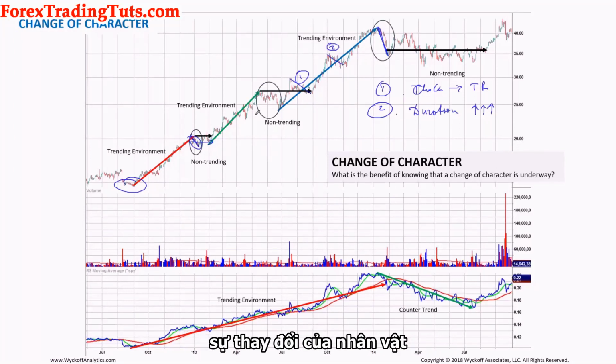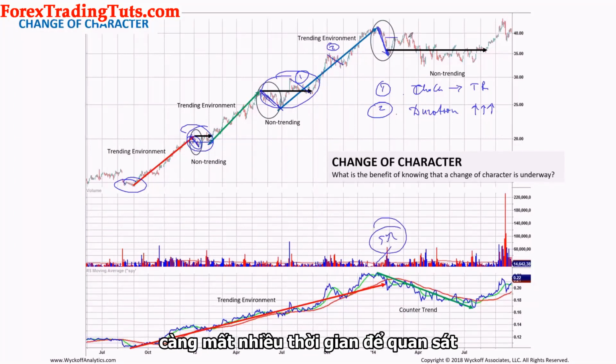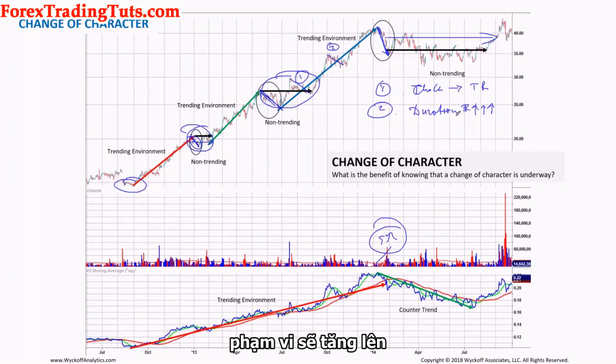The smaller the change of character, the smaller the duration of the range. The larger the change of character, or the larger the presence of the supply, the longer it takes to absorb the supply. Therefore, the duration of the range is going to increase.